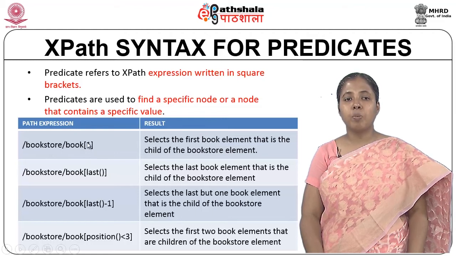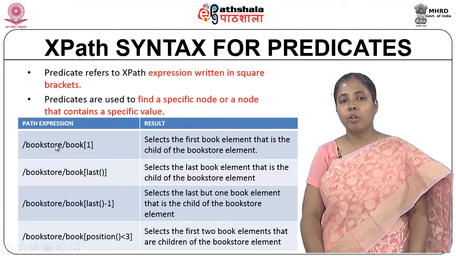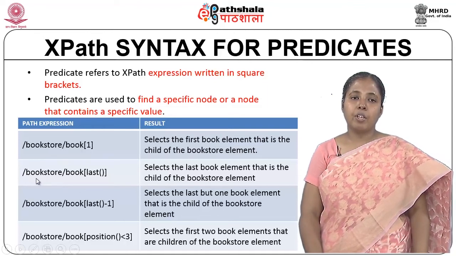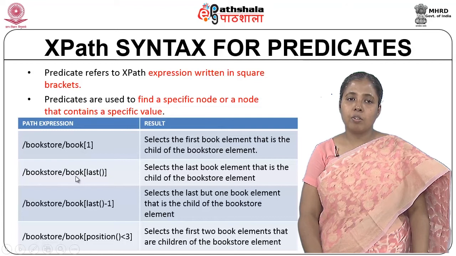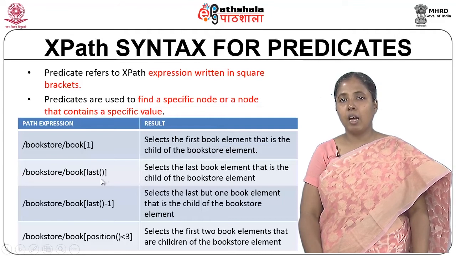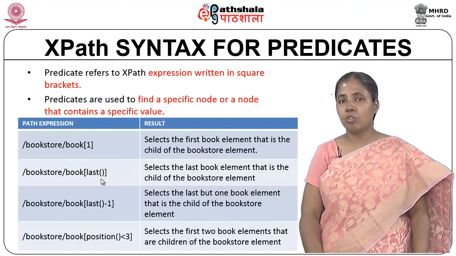The predicate is specified within the square brackets. So, we look for the books that are under this bookstore element. When the predicate is given as 1, it selects the first book that is the child of the bookstore element. In the next example, we can see all the books under the bookstore element, but the predicate is given as last. So, this selects the last book element that is the child of the bookstore element.